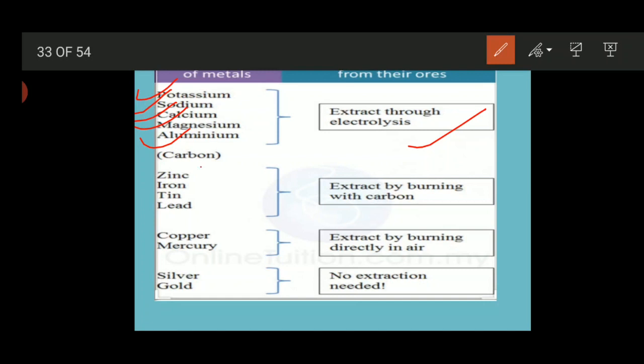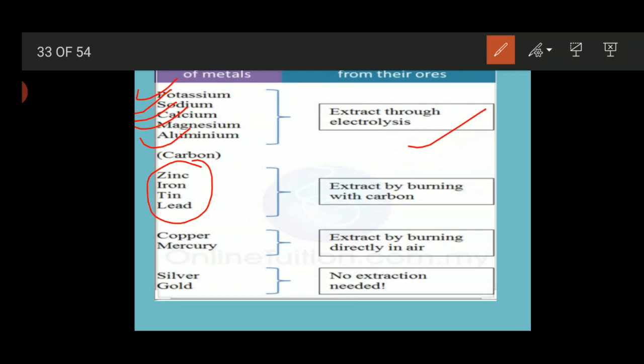Now, mild reactive elements are zinc, iron, tin, and lead. They are extracted from their ores with the help of the reduction process. In the reduction process, we use carbon as a reducing agent and some other elements also.